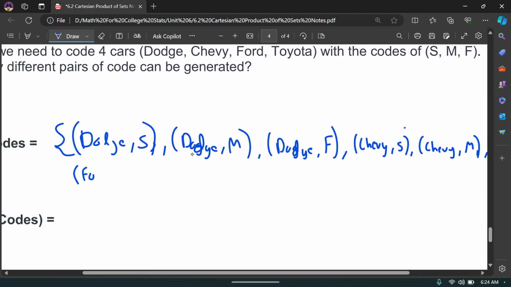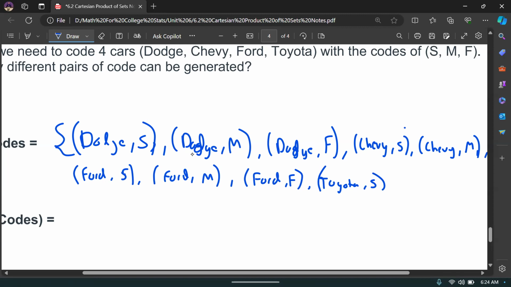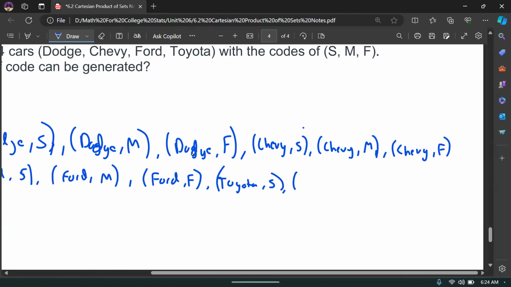So Ford S, Ford M, Ford F, and then finally Toyota S, Toyota M, Toyota F.